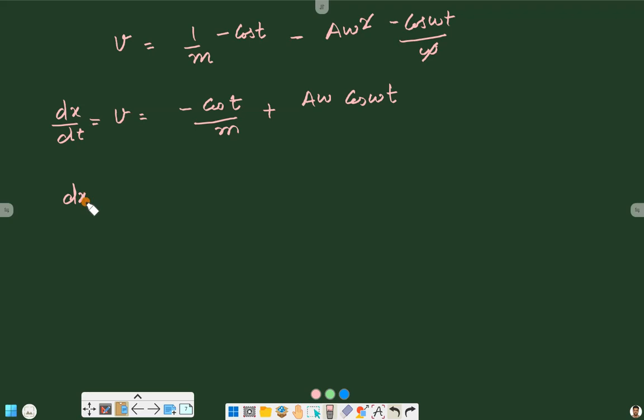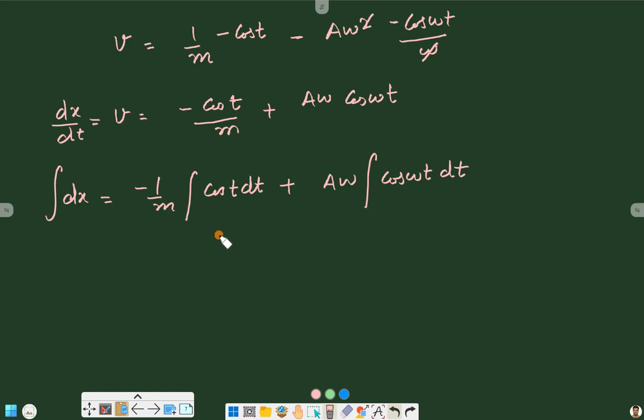So dx integral will be minus 1 by m integral cos t dt plus a omega integral cos omega t dt, and integration of cos is sine.